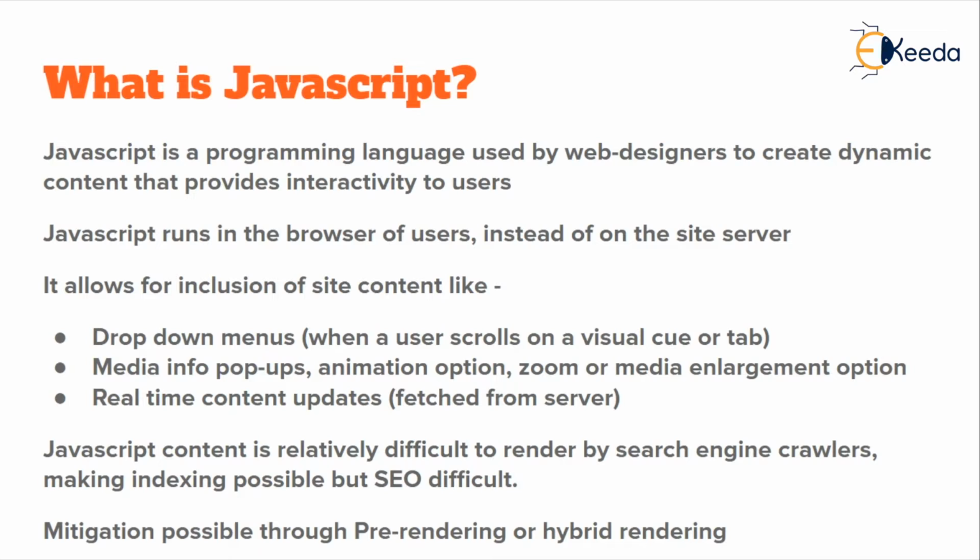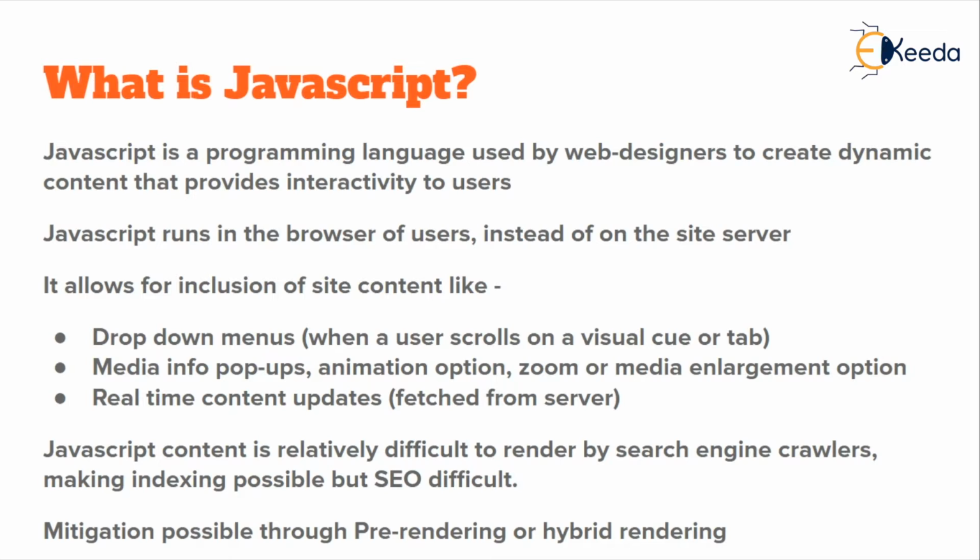Or if a user is scrolling on an image and some information pops up, that is a media info pop-up, which is otherwise not possible to do with static content. It can only be done with dynamic content, which is usually designed with the help of JavaScript.